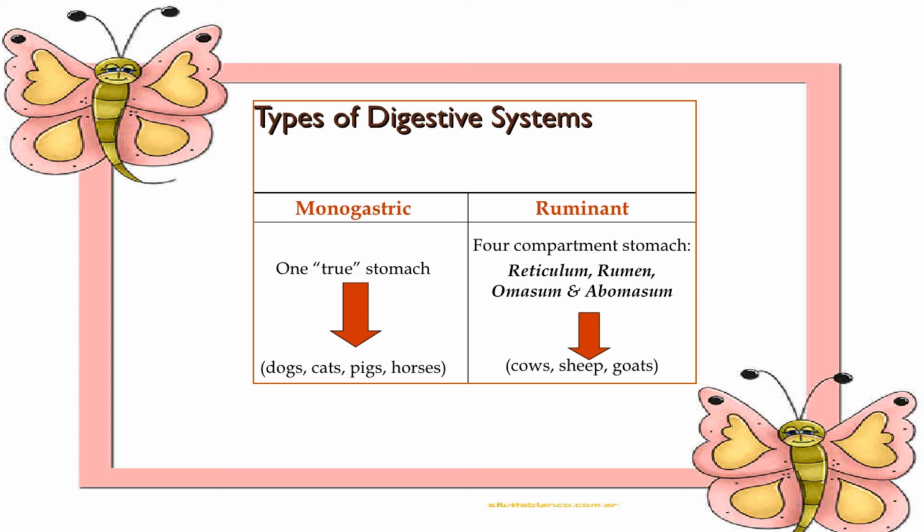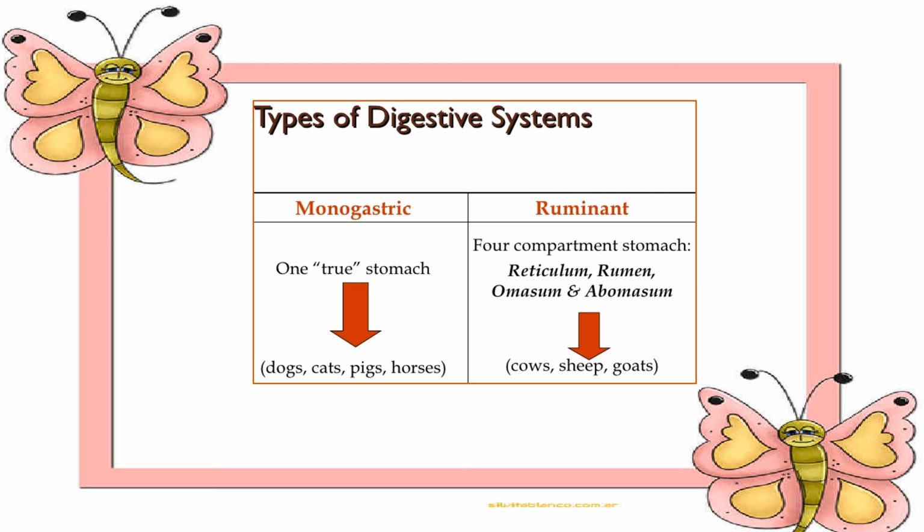Now, for the ruminant, they have a 4 compartment stomach. Okay? So, class, take a look at the difference between monogastric and ruminant. For the monogastric, there is only 1 true stomach, while for ruminant, there are 4 compartment stomachs.